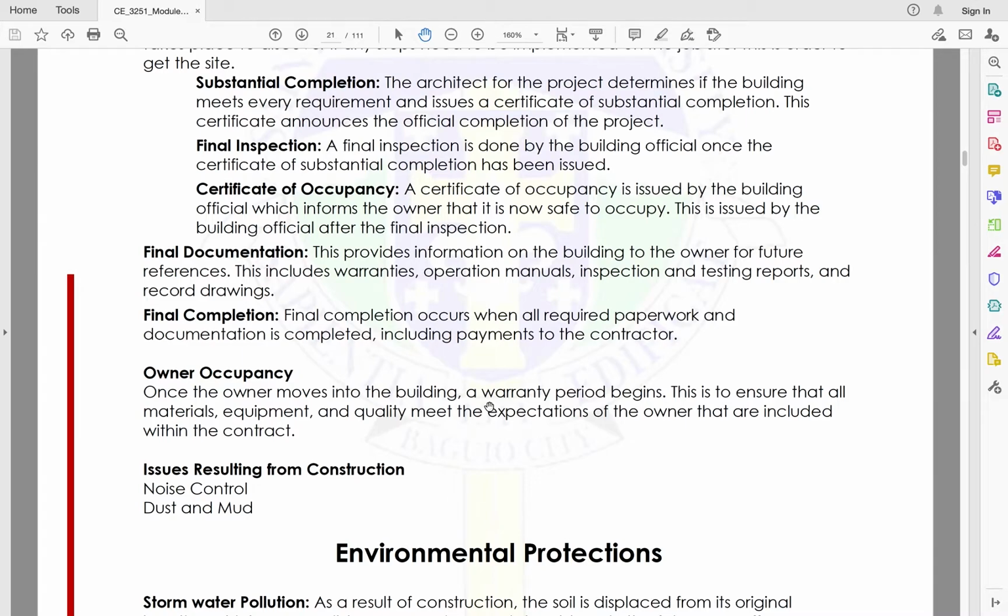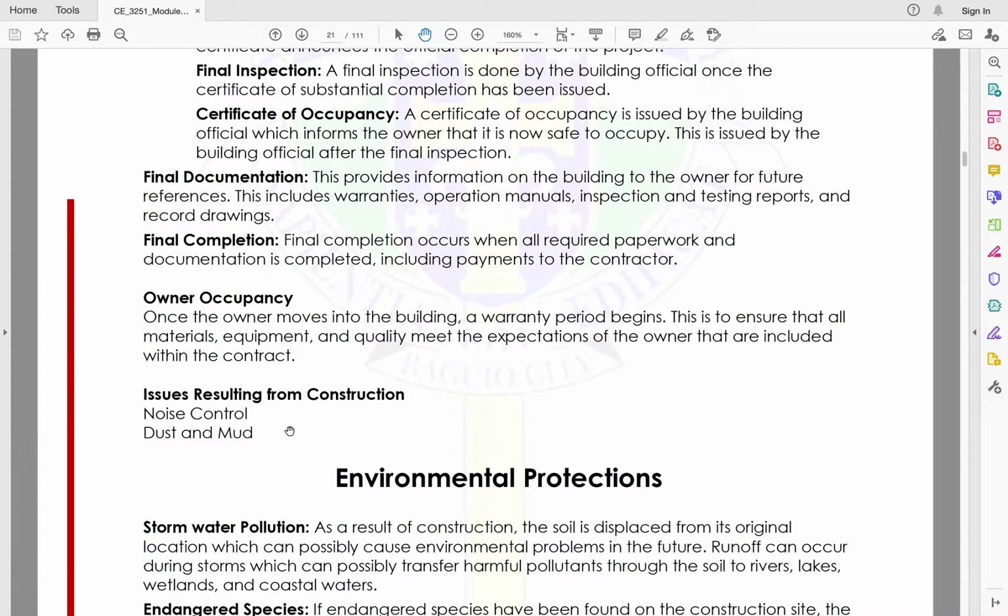The contractor has liability if, for example, something gets damaged without any natural or external cause. That is covered by the warranty from the contractor to the owner.